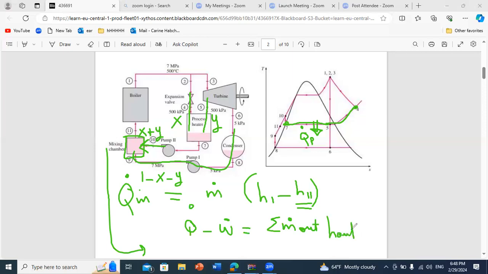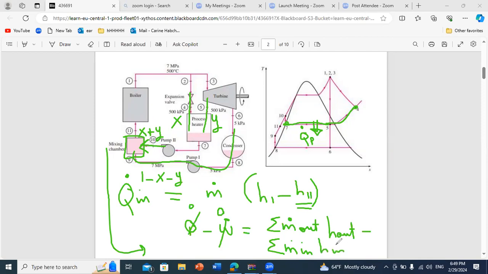But since I have a well-insulated mixing chamber and I have no work acting on it or produced by it, it's like a well-insulated rigid tank. Okay, so then I will say that Q dot and W dot will both be equal to 0. And I can deduce that for my mixing chamber, it's like a heat exchanger. I am exchanging heat between my two flows. Okay, the flow coming from the first loop and the flow coming from the second loop.